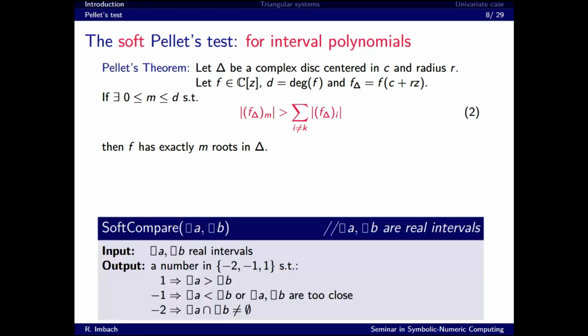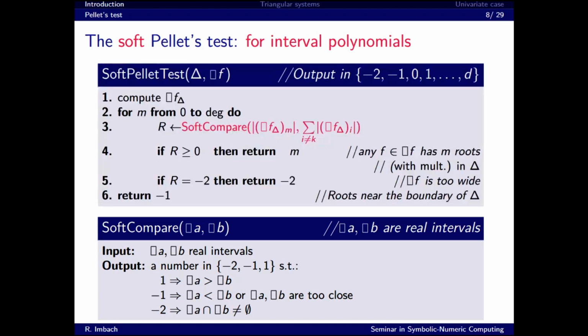For this, we introduce a function for comparing real intervals, box A and box B. This soft comparison will return 1 when box A is greater than box B, meaning that any point in A is greater than any point in B. It returns -1 if any point in A is less than any point in B, or if the two intervals intersect and the bounds are too close, and otherwise it will return -2.